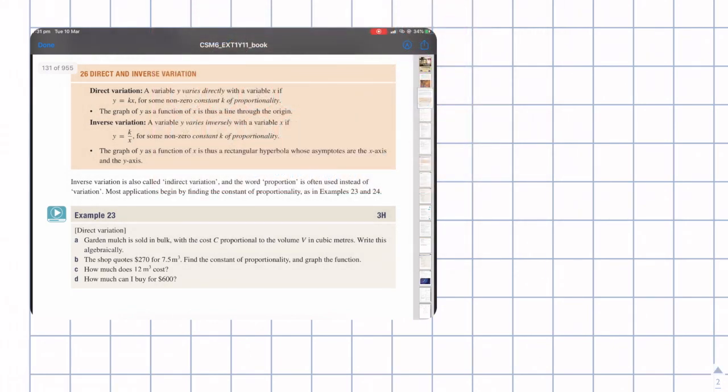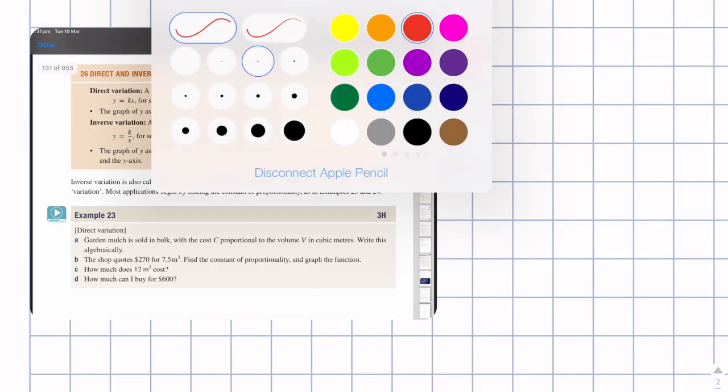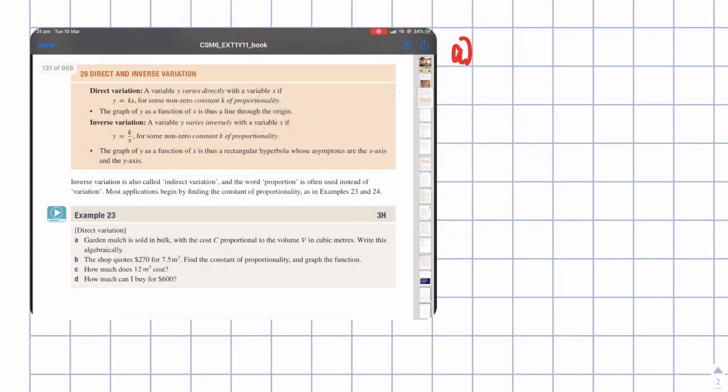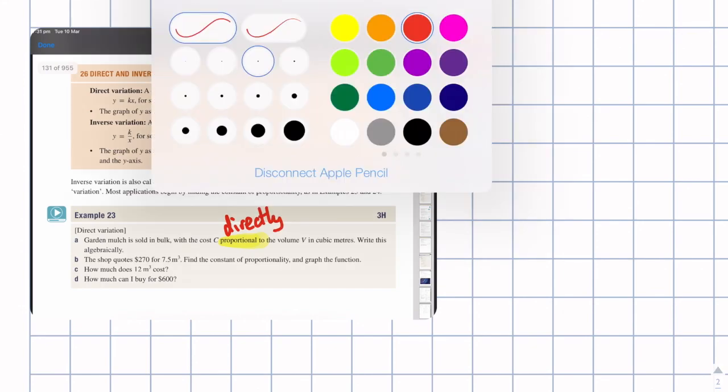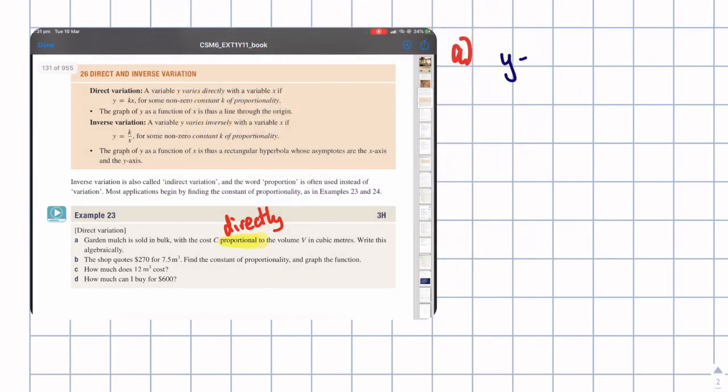For example question A, as soon as they say the word proportional, I'm going to highlight this, as soon as you see the word proportional, you can assume direct, and you can write down something along the lines of y equals kx, but it's better to use the variables that they give, so the cost equals k times the volume. So that's written down algebraically.